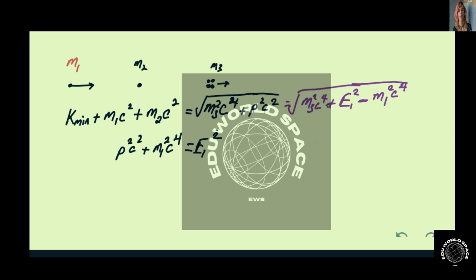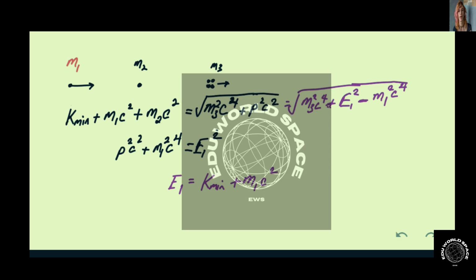So what we can do is replace this P squared C squared with E1 squared minus M1 squared C to the fourth. Now after doing this substitution, we need to substitute what E1 is. E1 by conservation of energy is just the kinetic energy plus the rest energy.